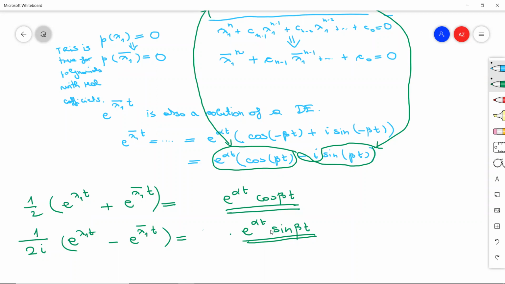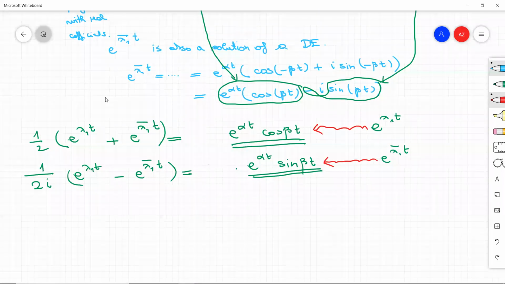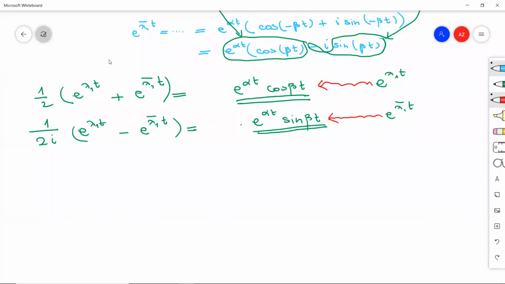So instead of e to lambda 1 t and e to lambda 1 conjugated t, we can take its real and its imaginary part. Okay, these are two things. And there is another thing.